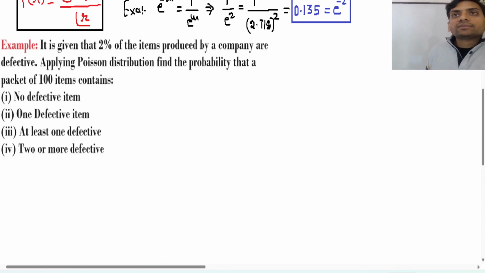This means out of 100%, 2% are defective. The rest are non-defective, or we can say fresh. So fresh product is 98% and defective products are 2%.